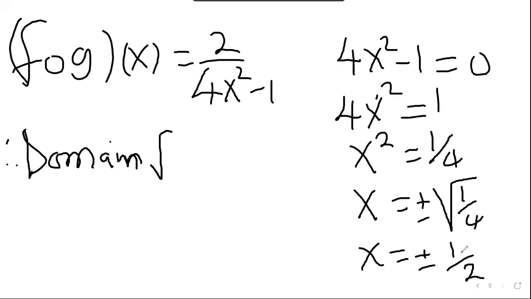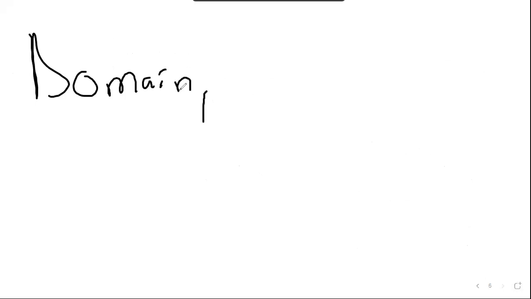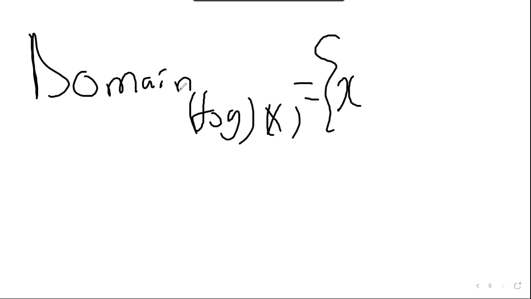So in short, therefore, the domain for this function f of g of x, let me just write it on the other page. So the domain for g of x, I'll use this domain for f of g of x. This is equal to all real numbers except those values which are giving us 0.